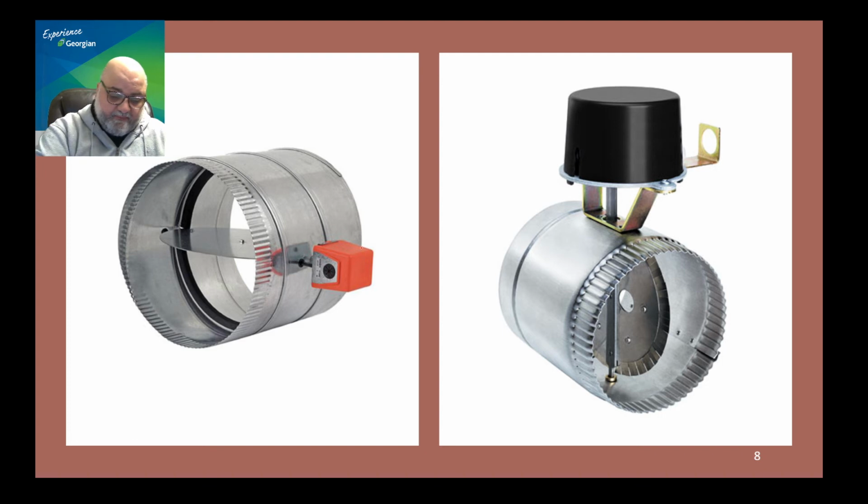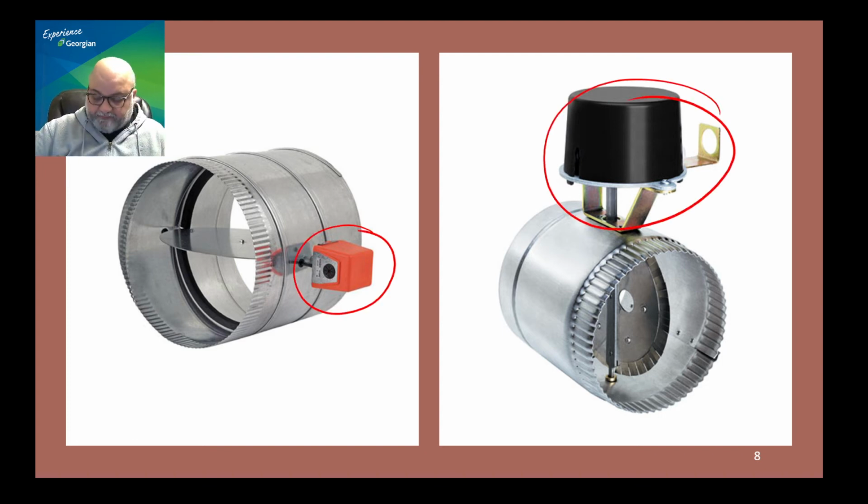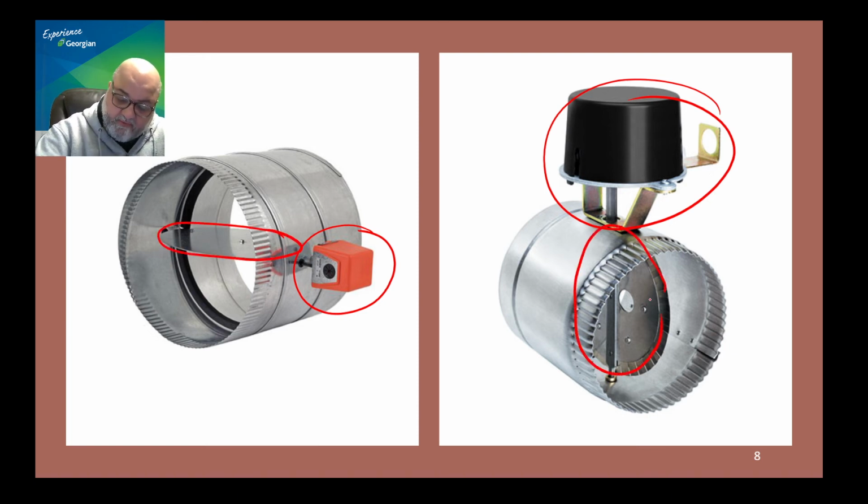Secondly, you're going to see those two, and those two are actuators that move the flap. So those two flaps are not moving according to the pressure difference between the inside of the vent and outside of the vent where the barometric pressure is.